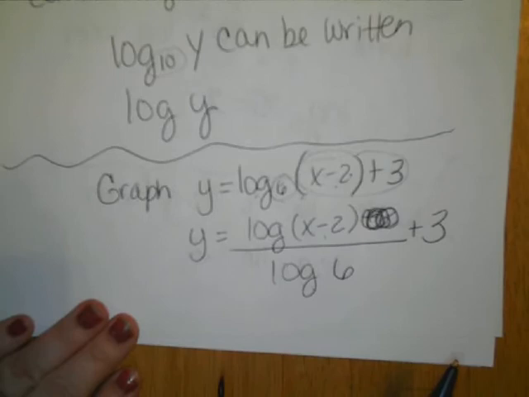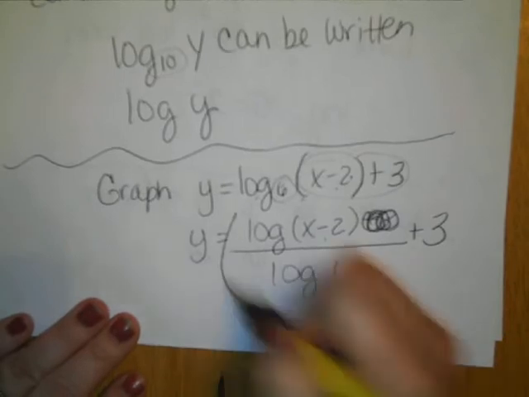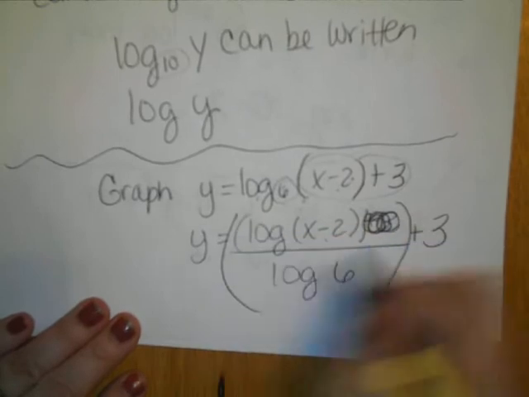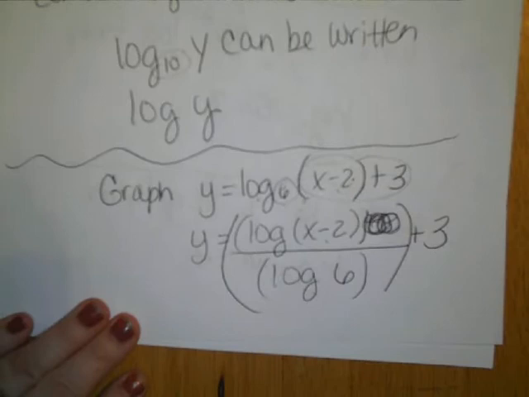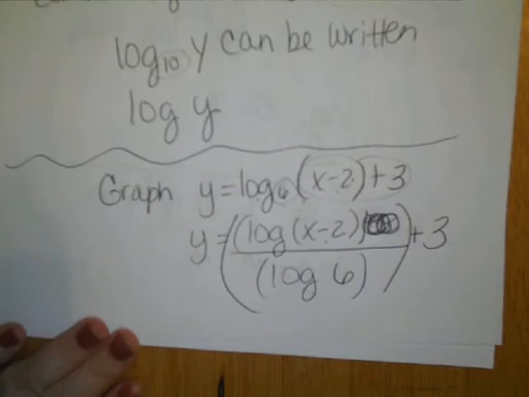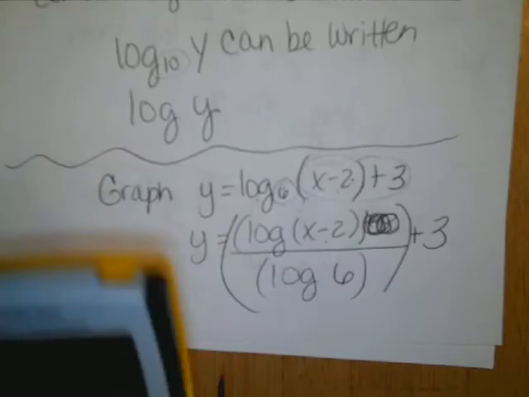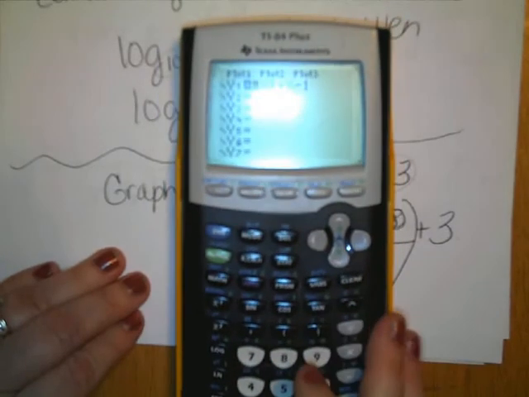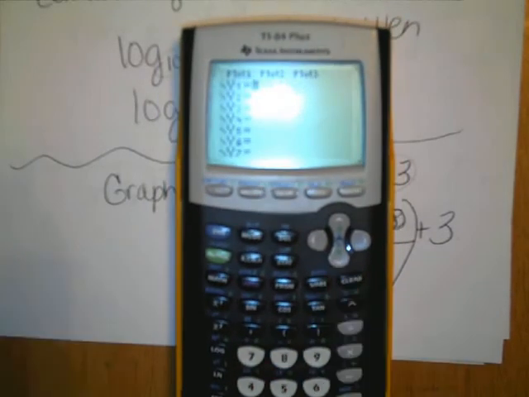Now, when you put this in the calculator, you must use a big set of parentheses and parentheses up here. You're going to have a lot of parentheses. Then you're going to use your graphing calculator to graph. So we're going to go into y equals, clear out what you have in there. I'm going to try to zoom out so you can see it.